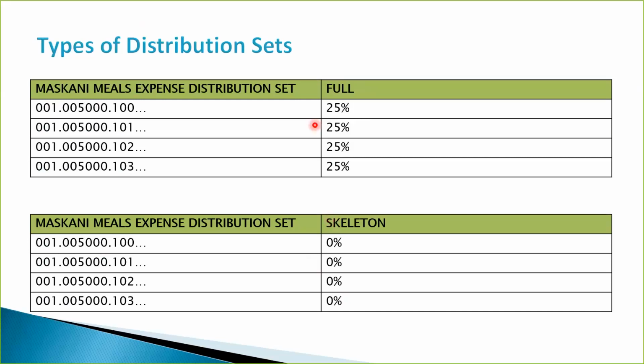Rather, when we finish defining our distribution set, the system will know what kind of set it is, because the percentages for the full will have to add up to 100. Once you enter the percentages here, the system knows you're entering a full distribution. For the skeleton, you don't enter any values, you only enter 0 in the percentage field. Okay.